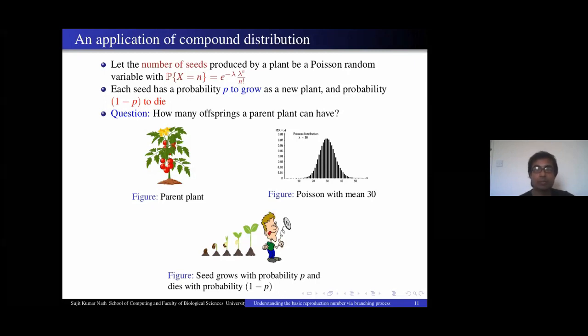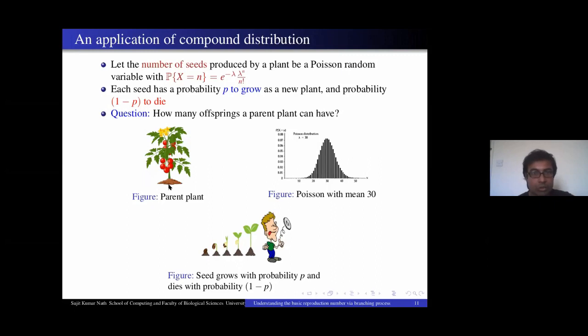It can produce 1, 2, 3, 4 or many seeds with these probabilities. And for example, each seed has probability p of growing as a new plant, but it will die out with probability 1 minus p. Now if I ask how many offspring a parent plant can have after the first generation?